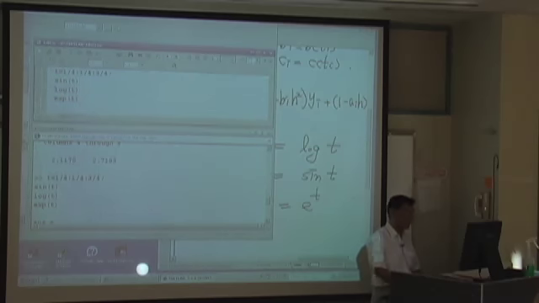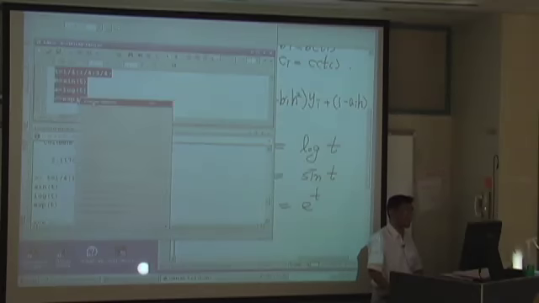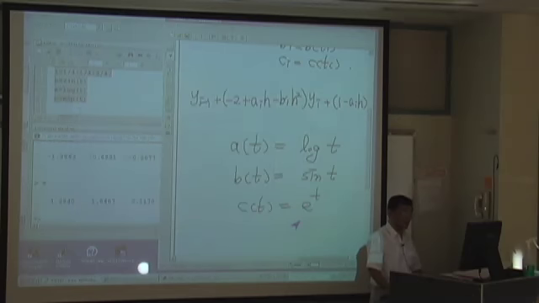A is stored here. And then B is stored here. And then C is stored here. So A, B, C are stored here. Then we can easily calculate this thing.